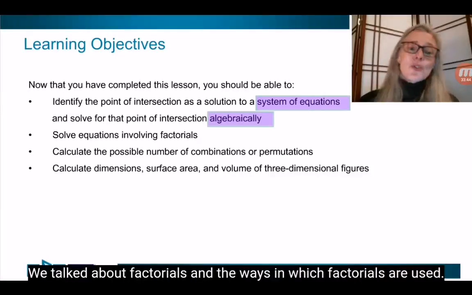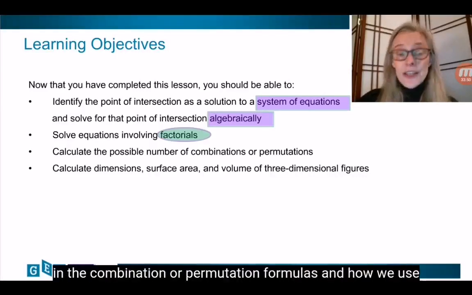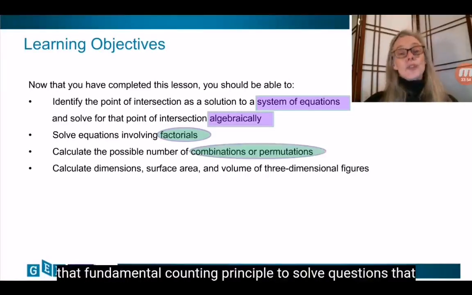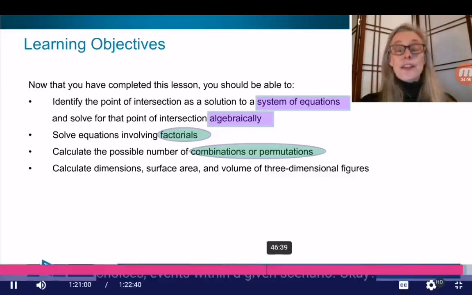We talked about factorials and the ways in which factorials are used, both potentially by themselves, but very often in the combination and permutation formulas, and how we use the fundamental counting principle to solve questions that ask us to consider different options for various spots, positions, choices, events within a given scenario.